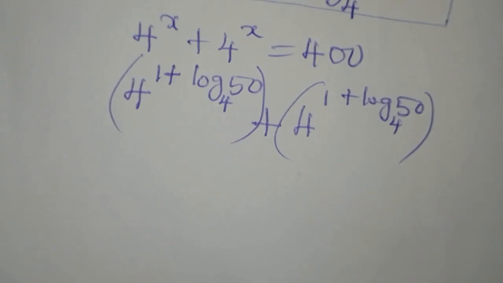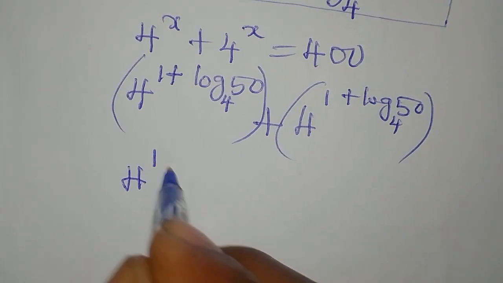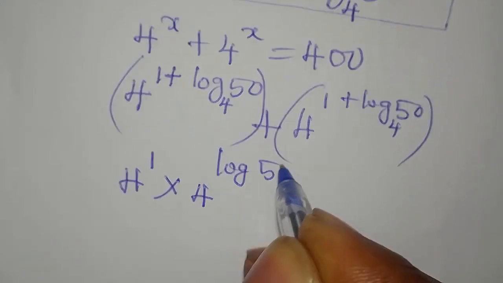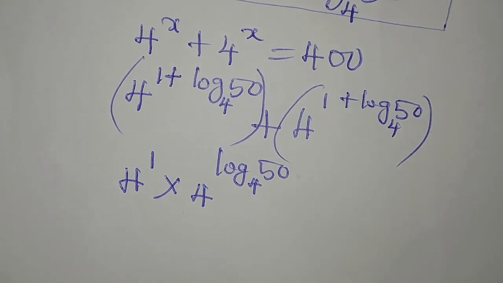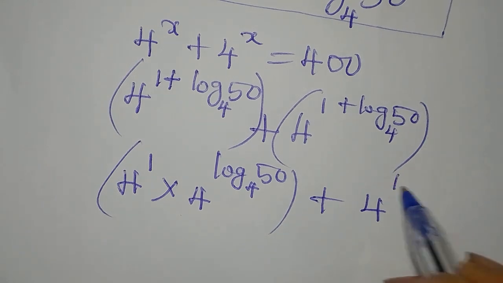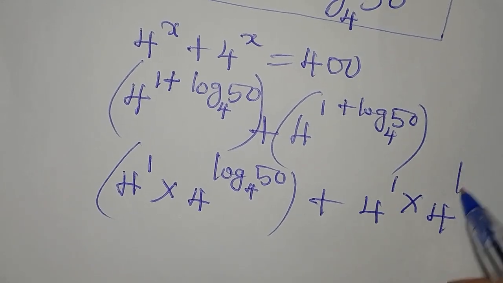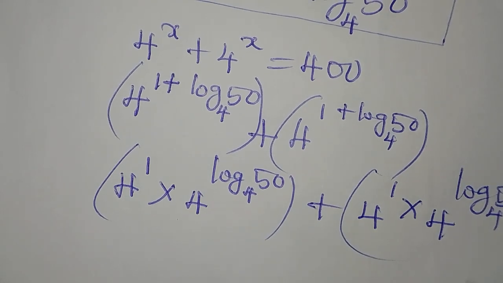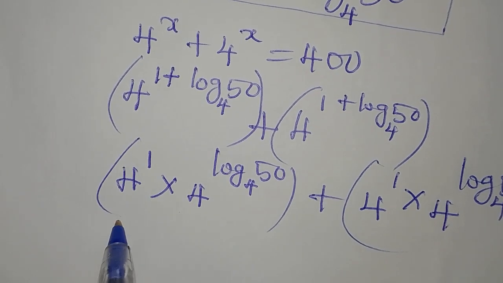Okay, so now we have 4 to the power of 1 times 4 again to the power of log 50 to base 4. Right, so this is what we have. Then plus 4 again to the power of 1 times the same 4 to the power of log 50 to base 4. Now 4 to the power of 1 is 4.